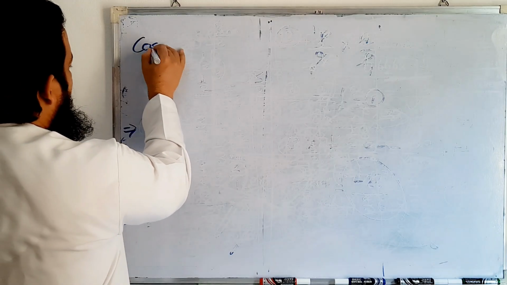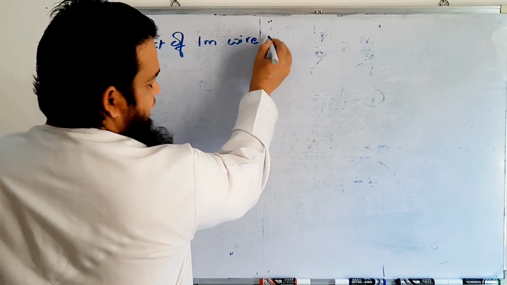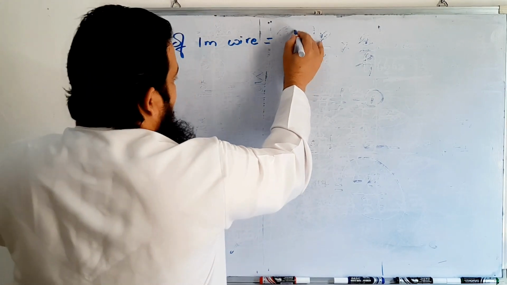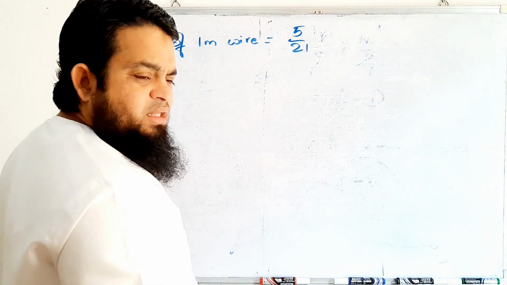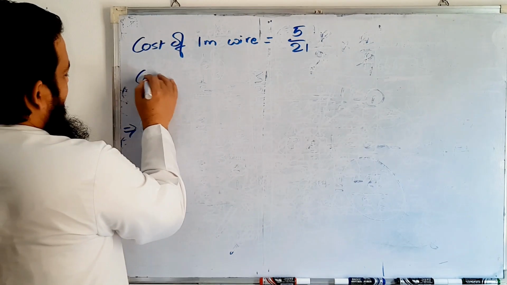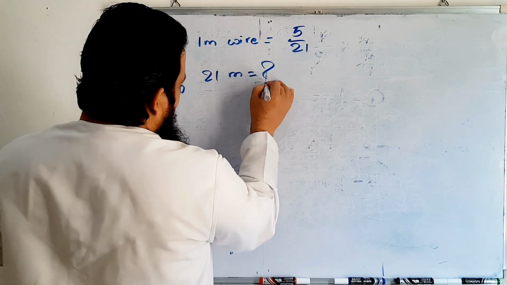What is given? Cost of 1 meter wire equals 5 by 21 dirhams. Okay. Find the cost of 21 meters. Okay.